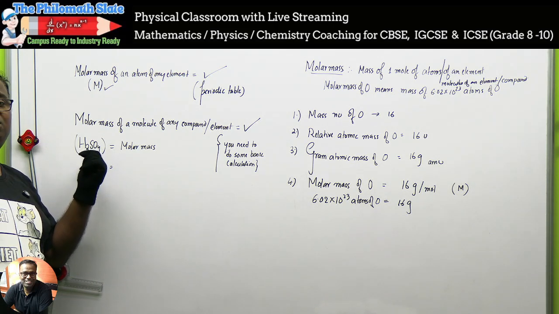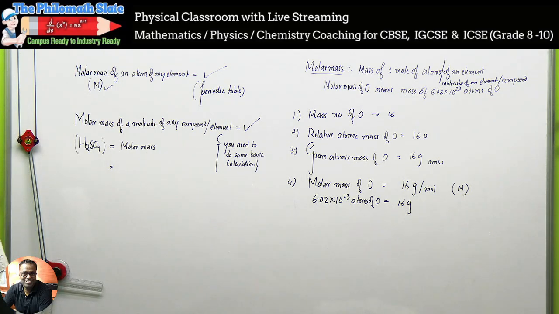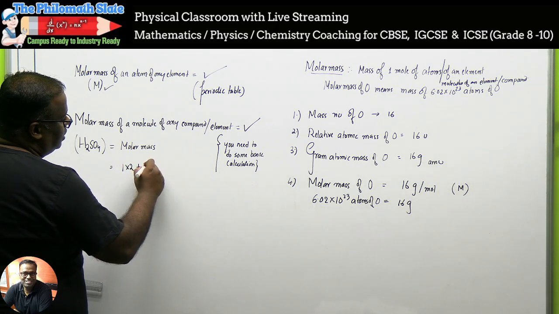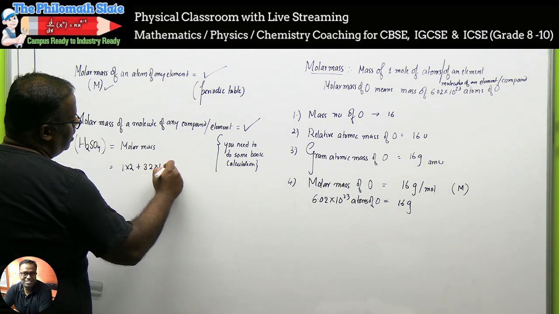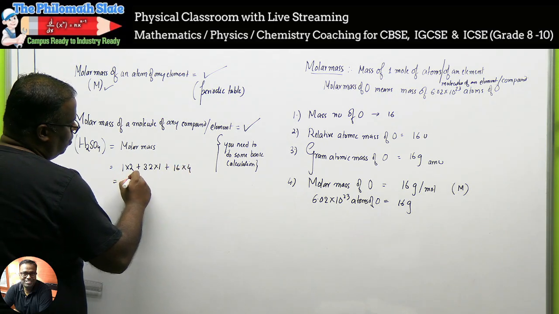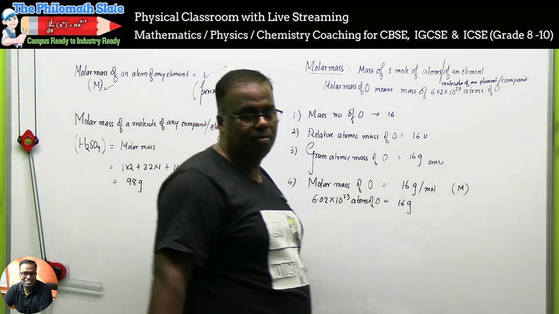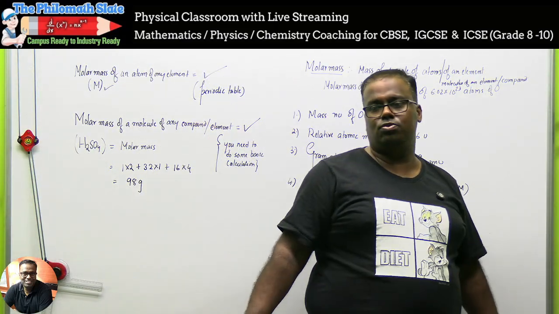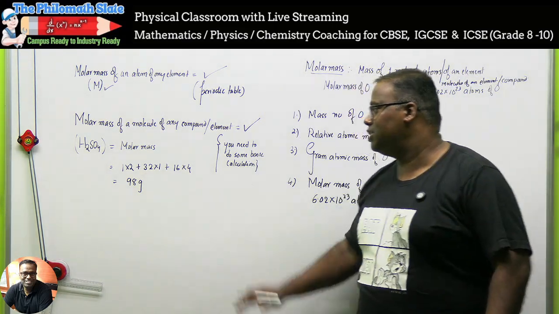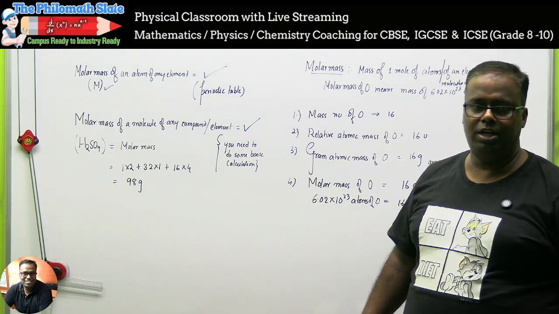It will be the sum of the molar mass of each individual atom present. Hydrogen is how much? 1 into 2. Sulfur is 32 into 1. Oxygen is 16 into 4. This will give you 98 grams. The molar mass is 98, no need to check, it will be 98. 64 plus 32 plus 2 is 98.